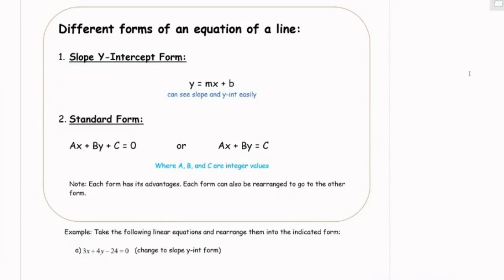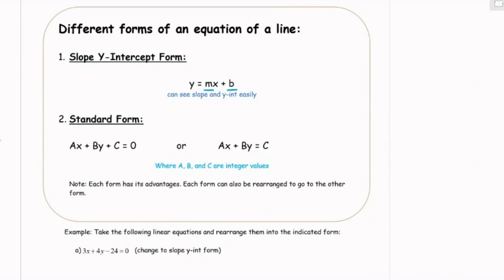All right, the different ways we can see equations of a line are in slope y-intercept form, which I think is the one you're probably most familiar with, and in standard form. In slope y-intercept form, it's really nice because you can see the slope m and b, the y-intercept, quite easily.